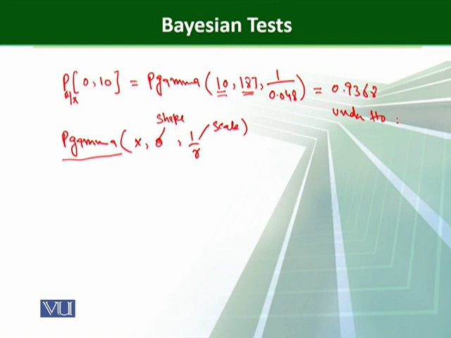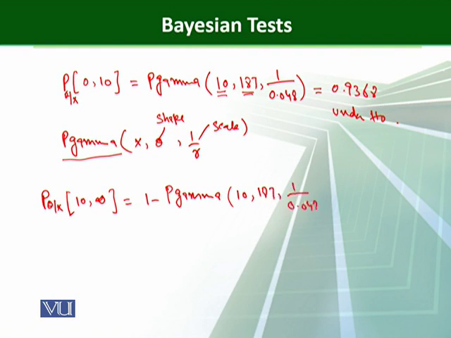Similarly, we can compute the conditional probability for the alternative hypothesis, that is from 10 to infinity, because it is greater than 10. So again we can perform 1 minus pgamma of 10, 187, 1 over 0.048, और जब आप इसको सॉल्व करेंगे you will find that it is 0.0632 under the alternative hypothesis.